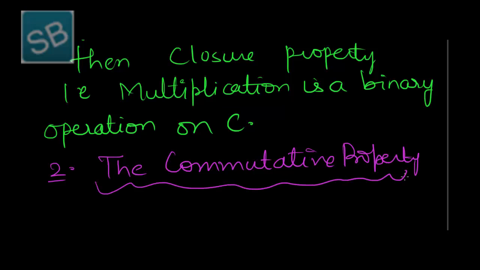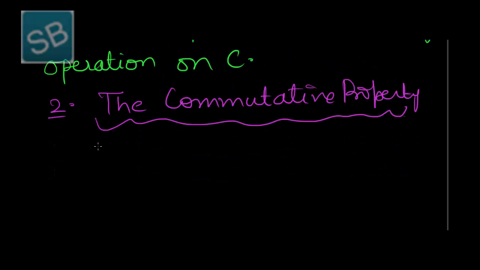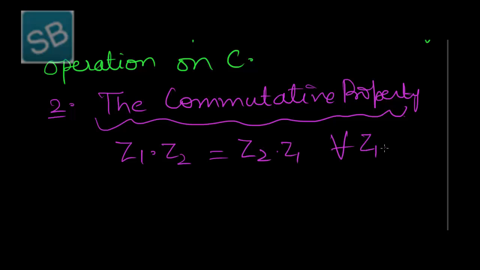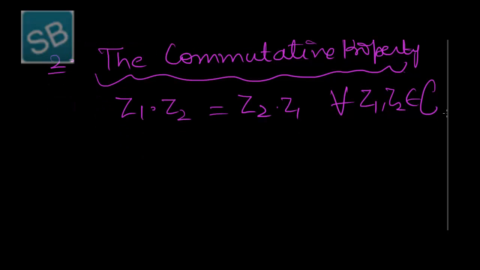So the next property, same as done in the case of addition, is the commutative property. That is, Z1 into Z2 is equal to Z2 into Z1 for all complex numbers. So, if for all Z1, Z2 belonging to the complex number system their product in reverse order is equal to the product in actual order, then we say that the commutative property holds.